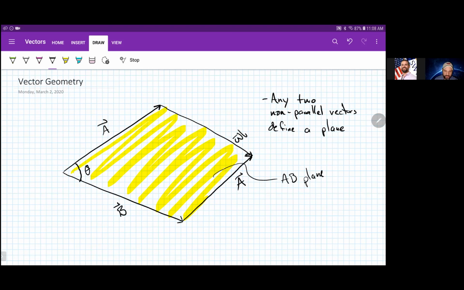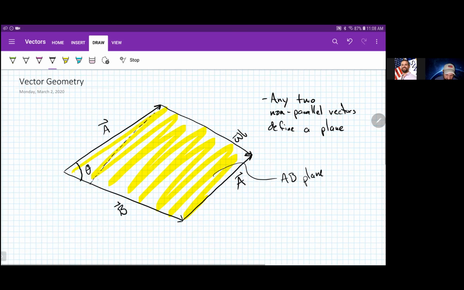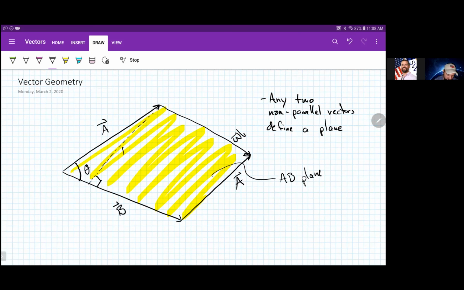That's our AB plane. And so if we're trying to find the area, this is not a perfect square or rectangle or anything. So to find the area, we're going to have to find this height for A times B. Given that angle, that's the opposite side.